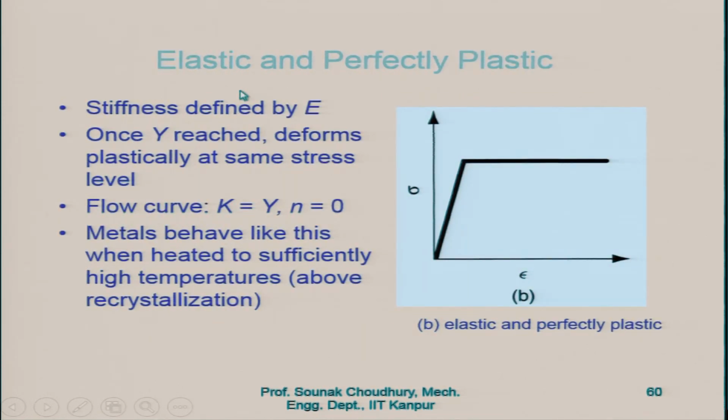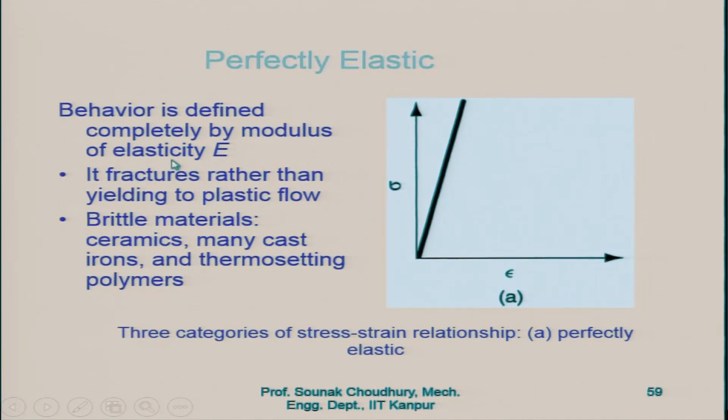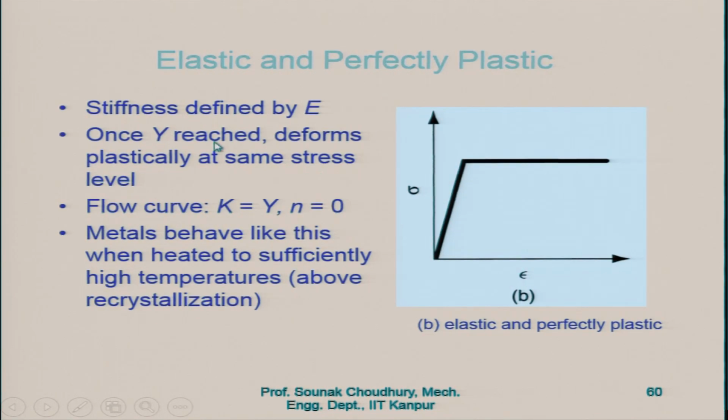Second is the elastic and perfectly plastic. Stiffness is defined by E, as we said, the modulus of elasticity. Once Y is reached, that means this point is reached, it deforms plastically at the same stress level, okay. The stress level is not changing, at the same stress level it is plastically deformed.